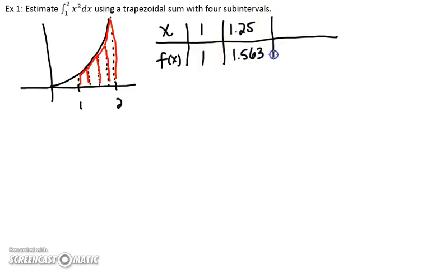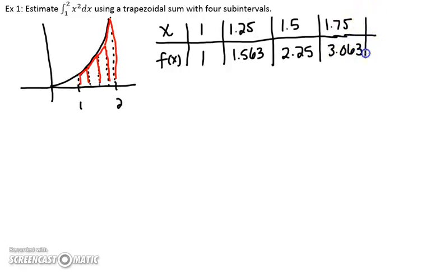Remember, in calculus, we want to go to 3 decimal places. 1.5, we're going to get 2.25. 1.75, we're going to get 3.063. And 2, hopefully you can figure that one out. It's going to be 4.